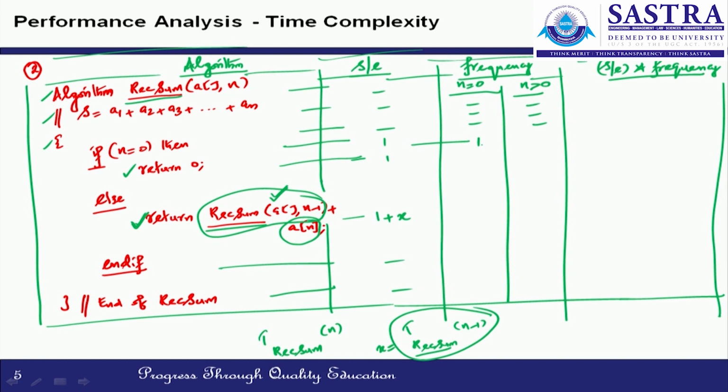If n is 0 the condition is true, then return 0 is executed. Return 0 takes step per execution 1, the frequency is 1. This is the case when n is equal to 0, because the true part is executed. This is the true part.